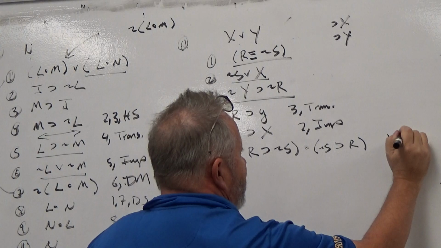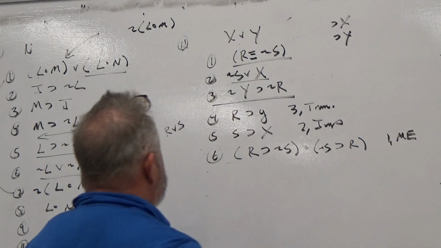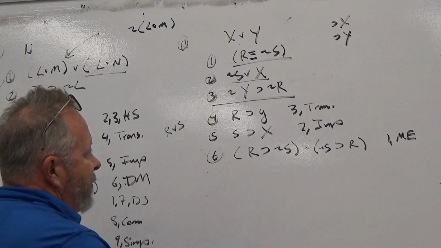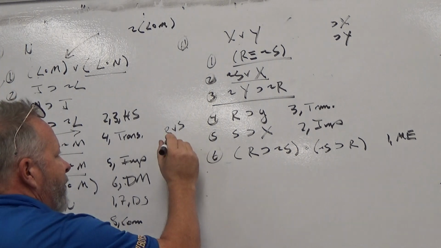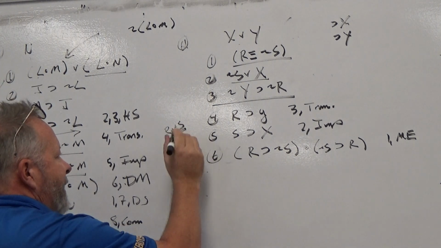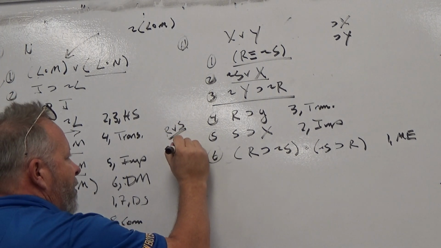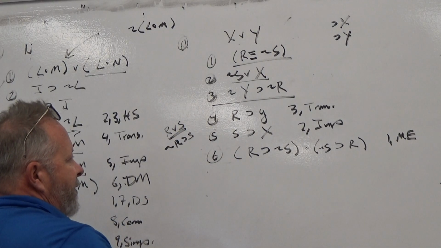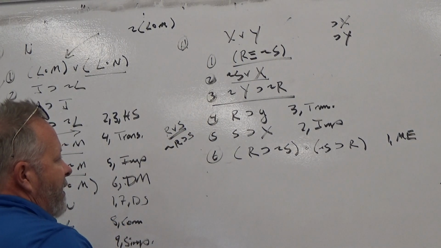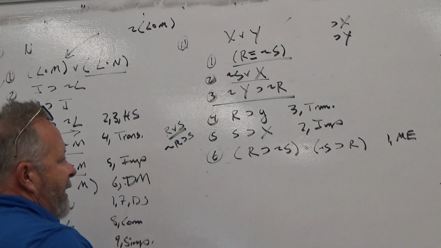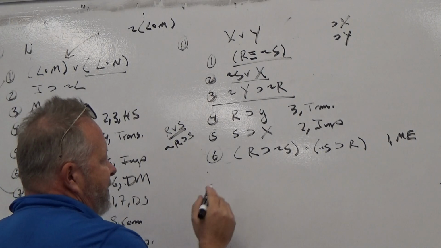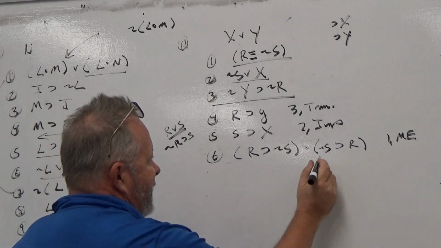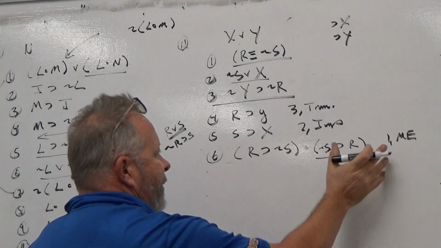That comes from 1 by material equivalence. Which one of those pieces do I want to get? Well, I said I needed an R or S, which is the same as not R, then S. So I need a not R, then S. Neither of those are not R, then S, but I can get one from here by transposition.